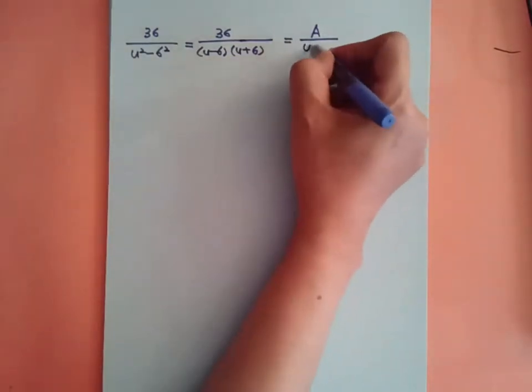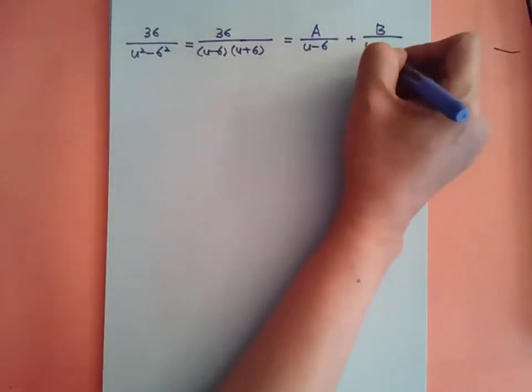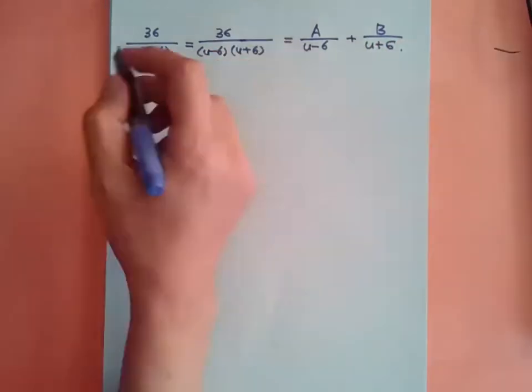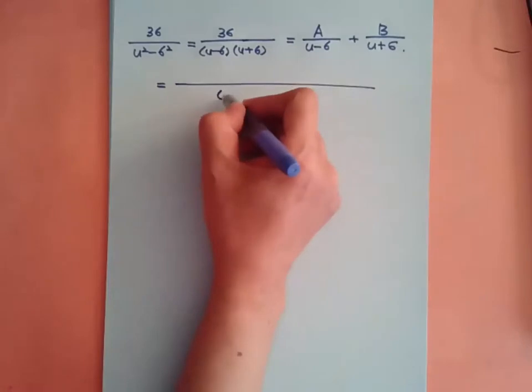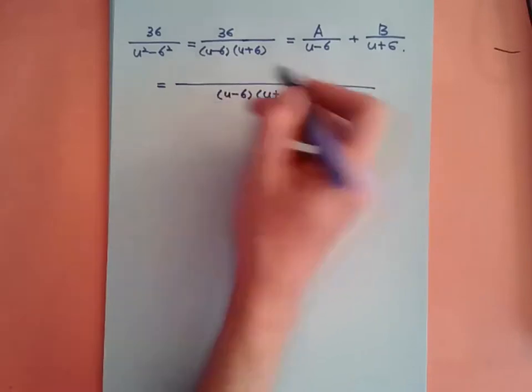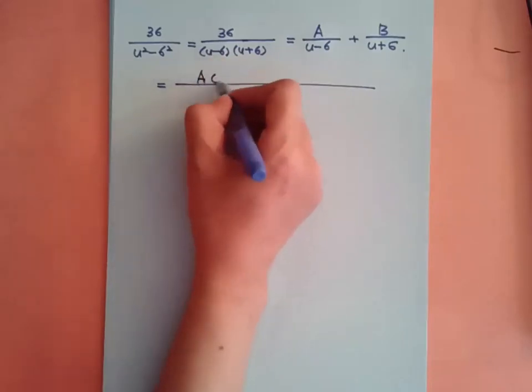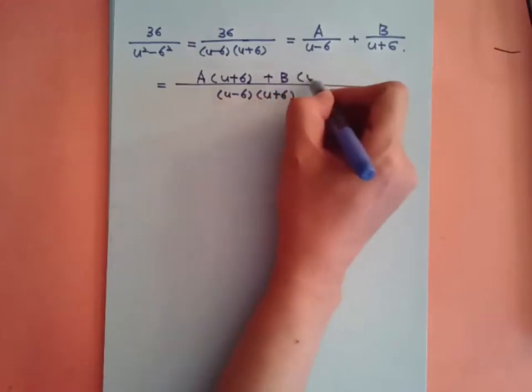So a over u minus 6 plus b over u plus 6. So that is, over u minus 6 times u plus 6, a times u plus 6 plus b times u minus 6.